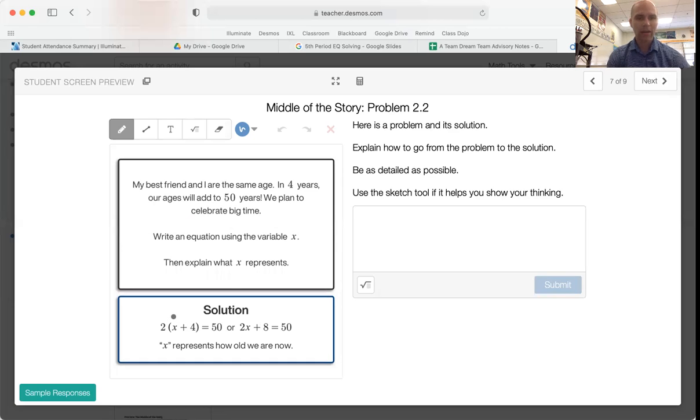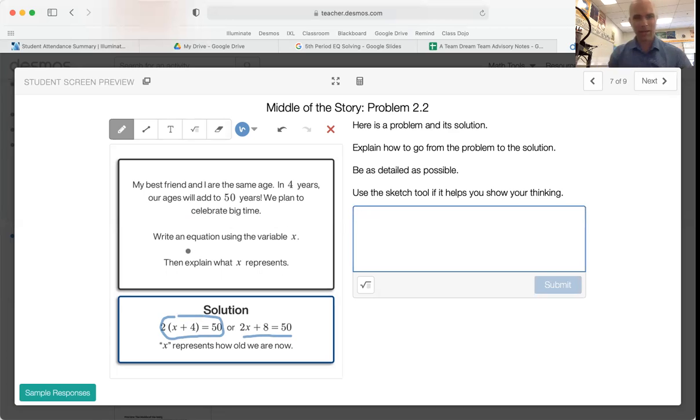This equation right here is essentially the same as the tape diagram we just described in the previous screen, because it's 2 times quantity X plus 4, and the tape diagram had 2 boxes of X plus 4. But this one, the one that I'm underlining, it's also a good equation for this problem, but it's a little bit different than the other one. So let's describe how to get this one.